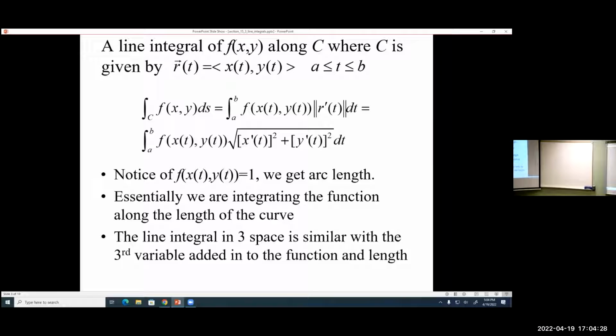So these are actually, I think you're going to find easy to do, because all we have to do are two things. If we don't already have the parameterization for the curve, we might have to find it. But if we have the parameterization, all we do is plug in what x and y are in terms of t into our function.